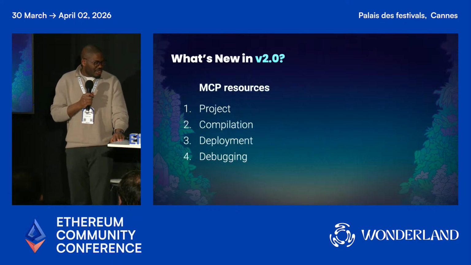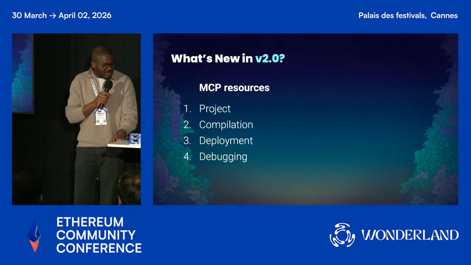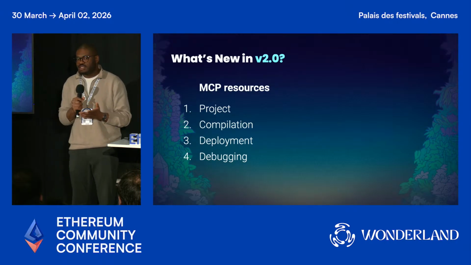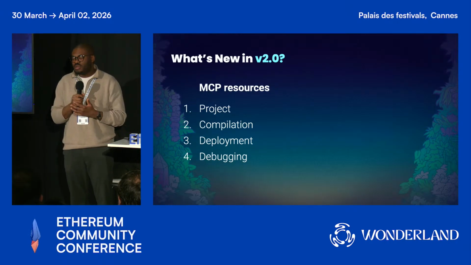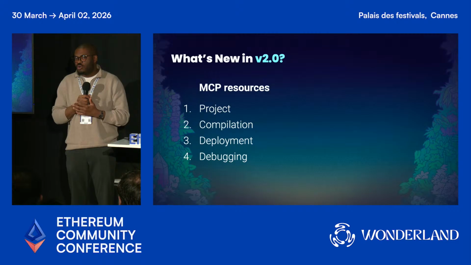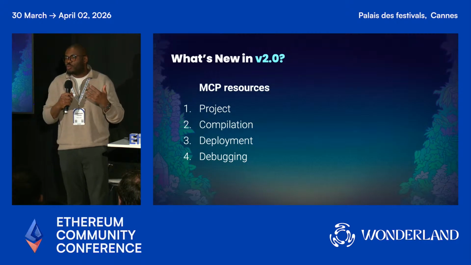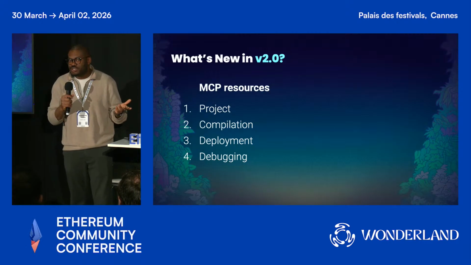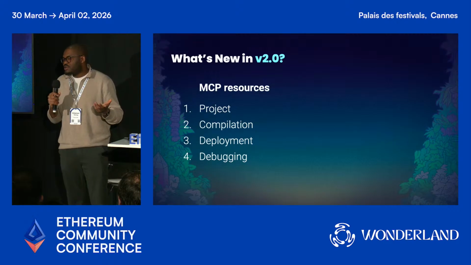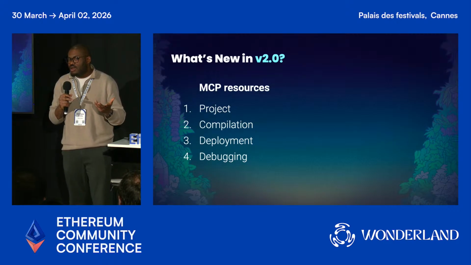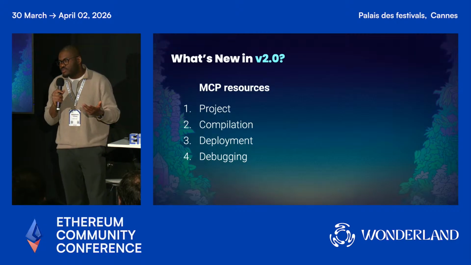So we have already touched a little bit on the points of MCP resources, in the sense that now the platform is pretty much aware of what the user does. The platform being aware of what the user does doesn't mean that we as Remix know what the user is doing. This is just a piece of code in order to help the AI say, okay, this is most probably what the user is actually doing.